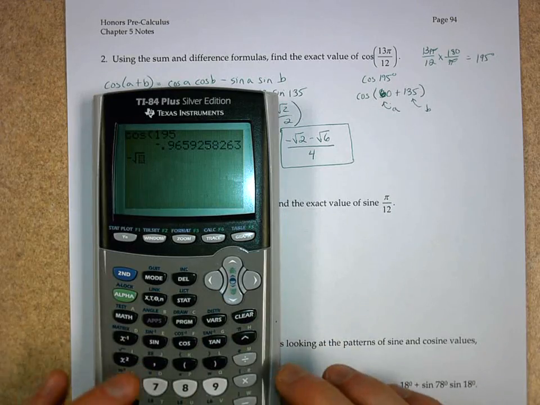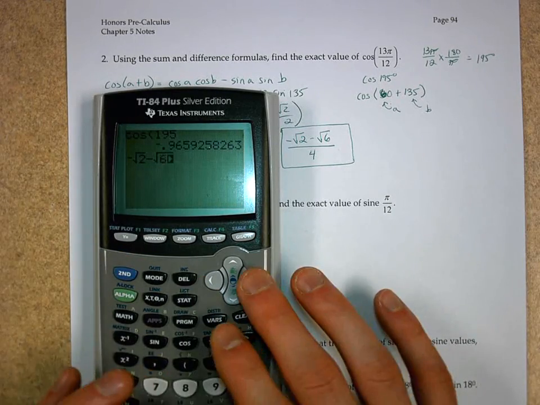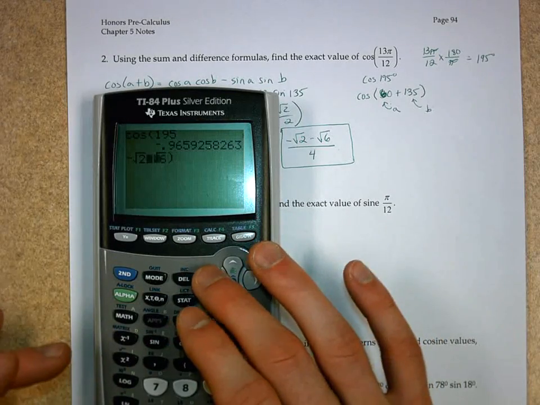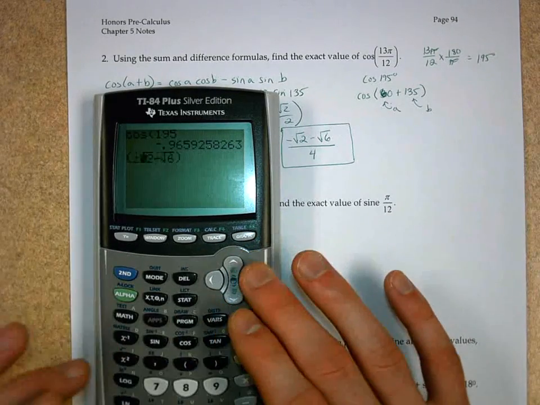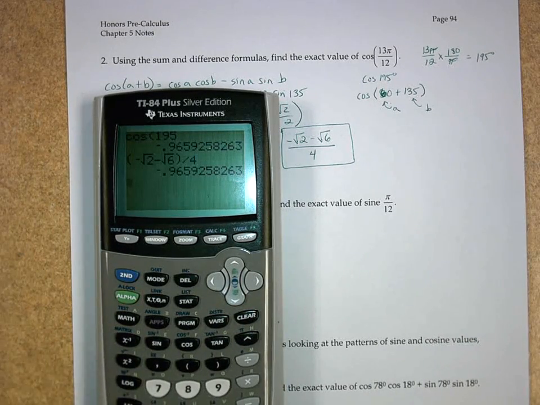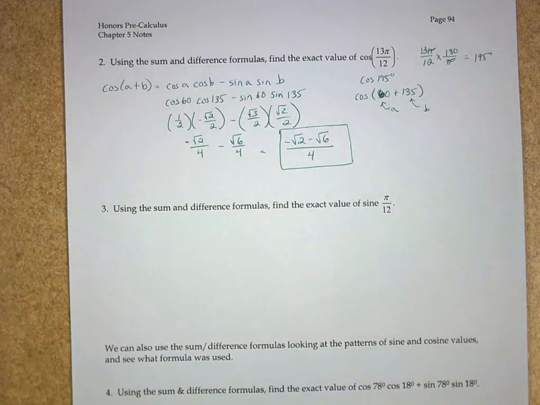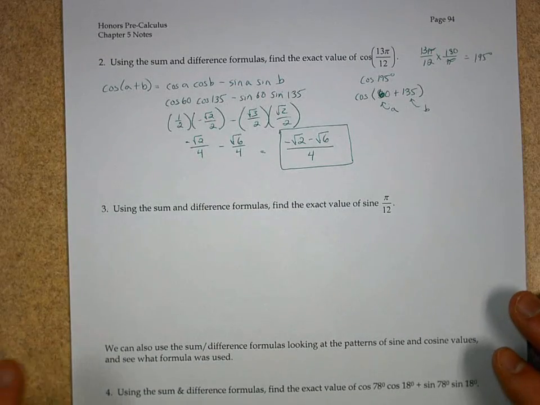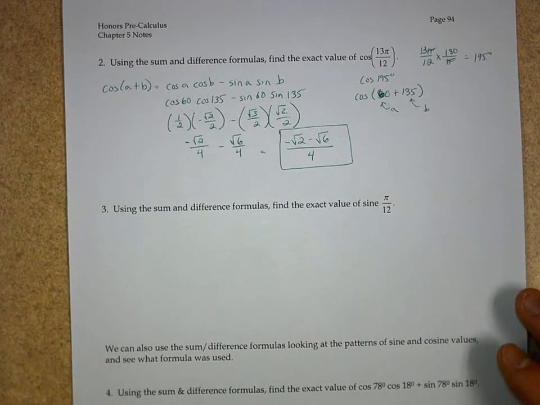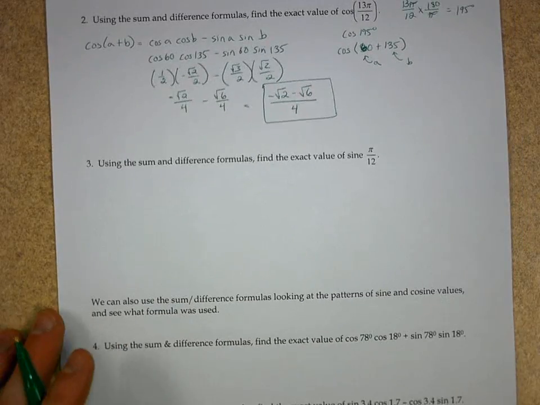So negative square root of 2 minus the square root of 6. Let me put all that in parentheses up there. And then I'm going to divide that by 4. And sure enough, you can see I get identical answers. So the cosine of 13 pi over 12 is the same thing as the cosine of 195, which is negative square root of 2 minus square root of 6 over 4.